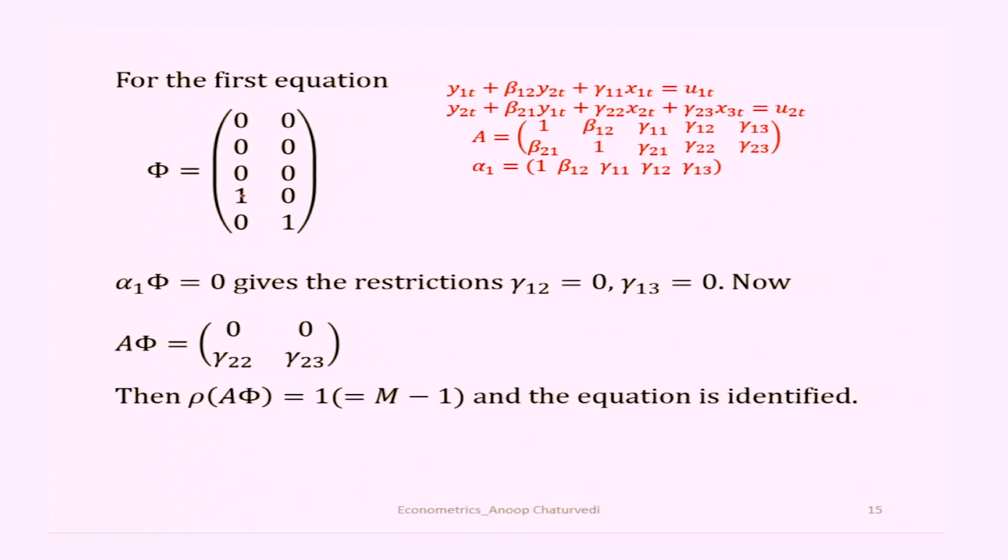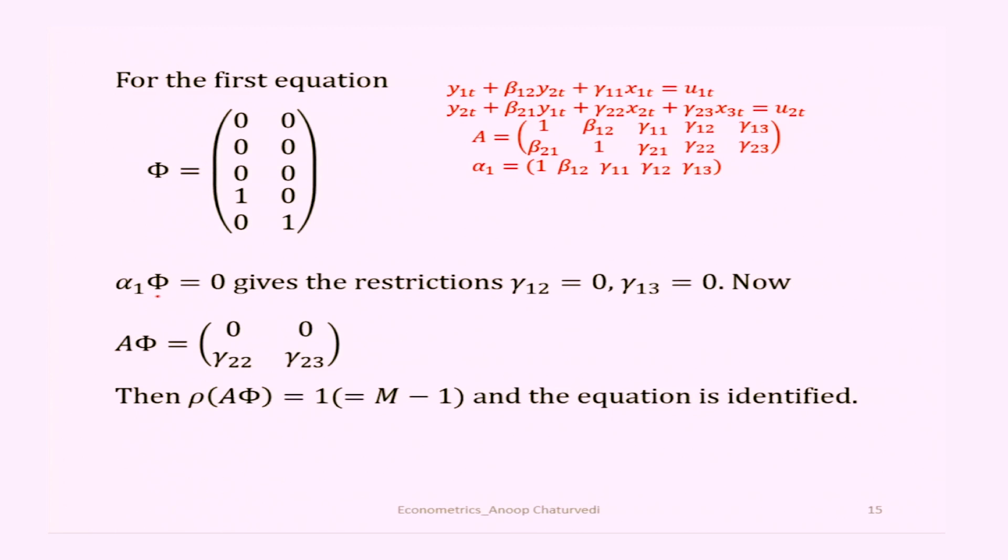So, we write 1 here, this is corresponding to gamma 1 2 and then 0. Then second restriction is gamma 1 3 equal to 0.